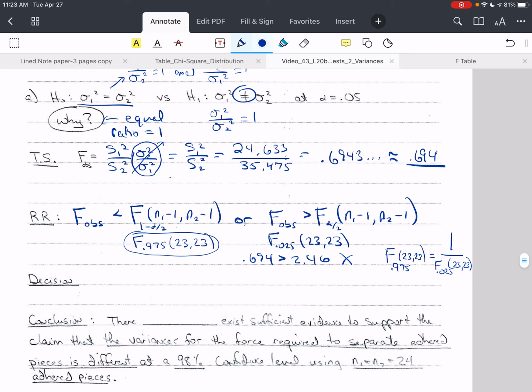So I use 20 here again, and that is going to be 2.46. So 1 over 2.46 gives me 0.4065, so 0.407. I have 0.694 less than 0.407. Neither one of these is true. So I fail to reject H naught.